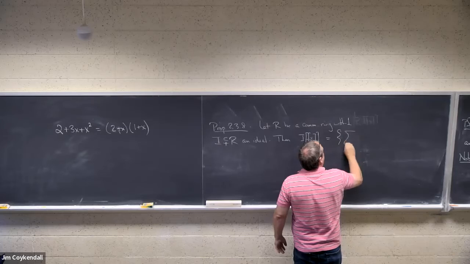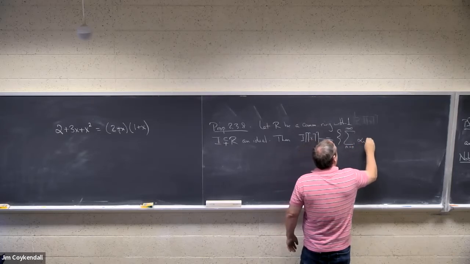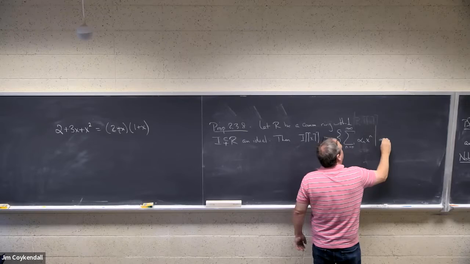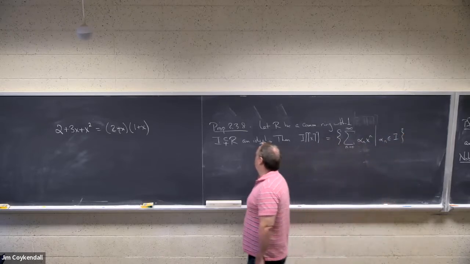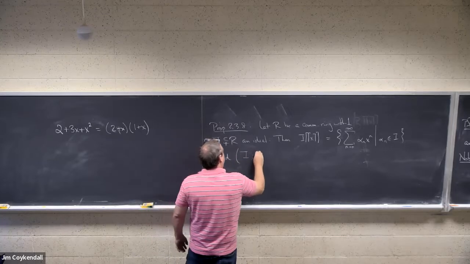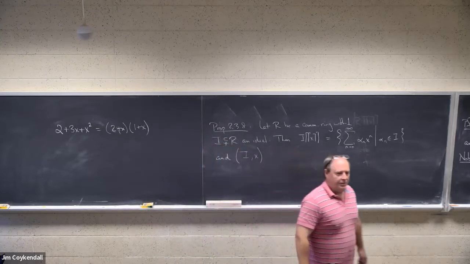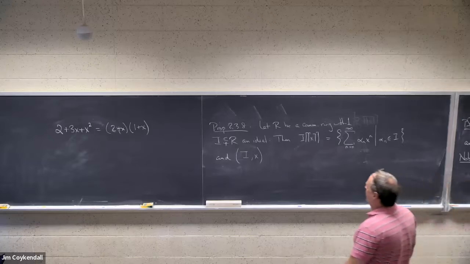This is the set of power series where all the coefficients are in I. The ideal (I, x) needs less explanation, I think, because again, this is the ideal in R[[x]]. It's the smallest ideal that contains the set I and the element x.